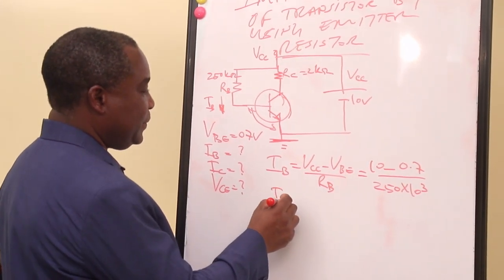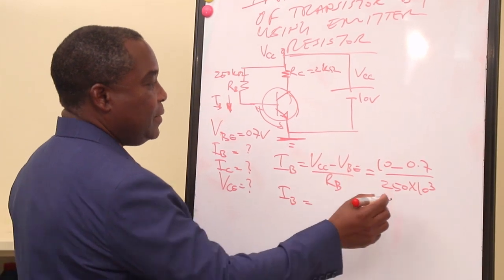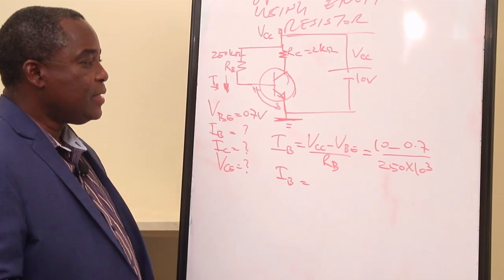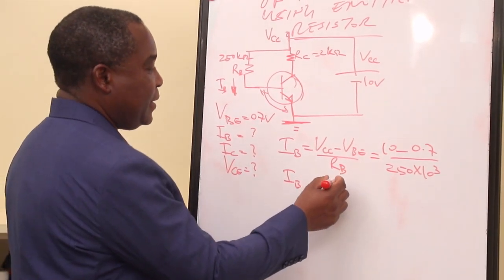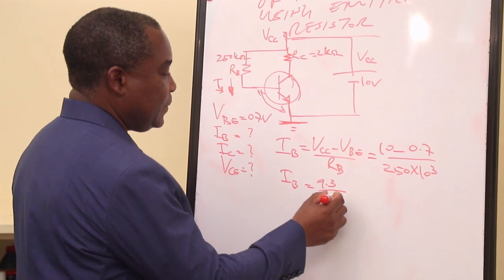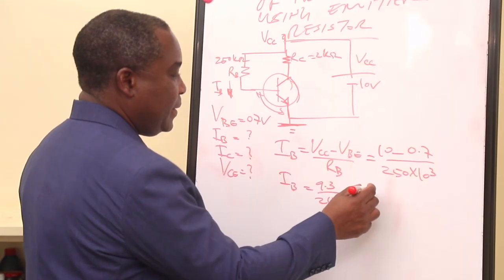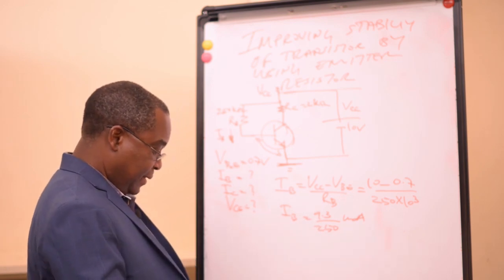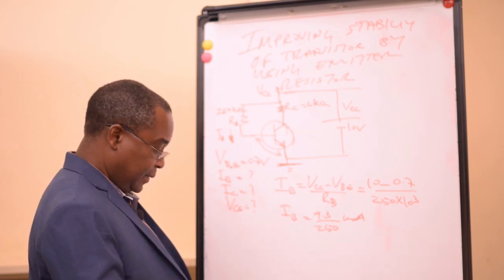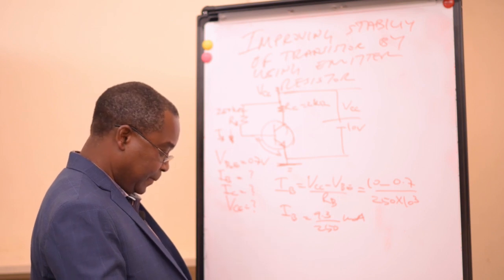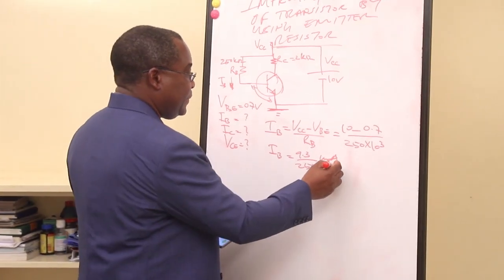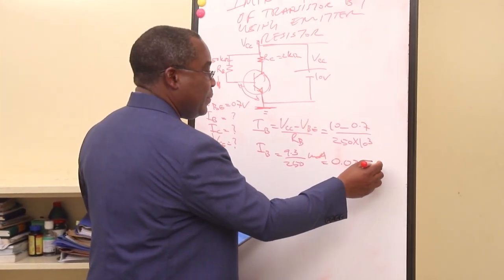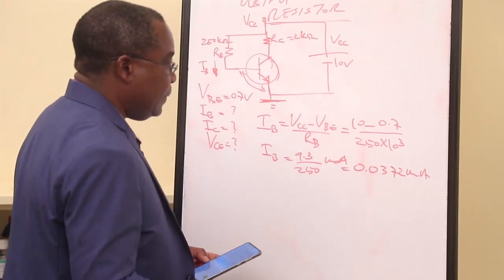So our IB is equal to, we'll just use a calculator, 9.3 divided by 250, which gives 0.0372 milliampere.